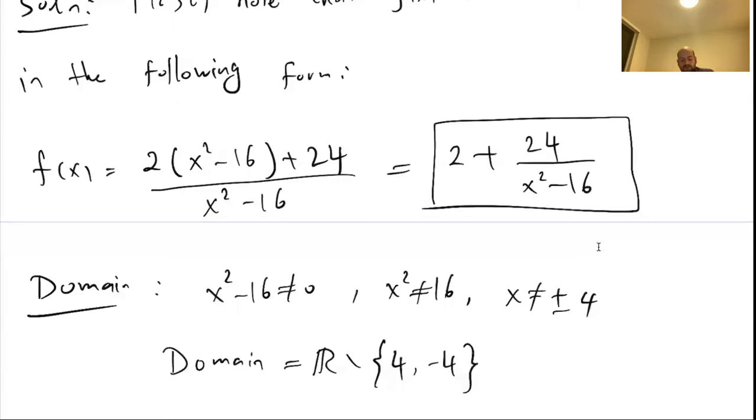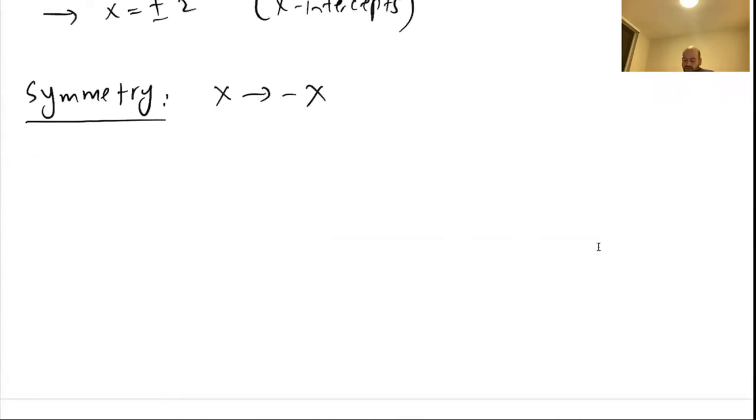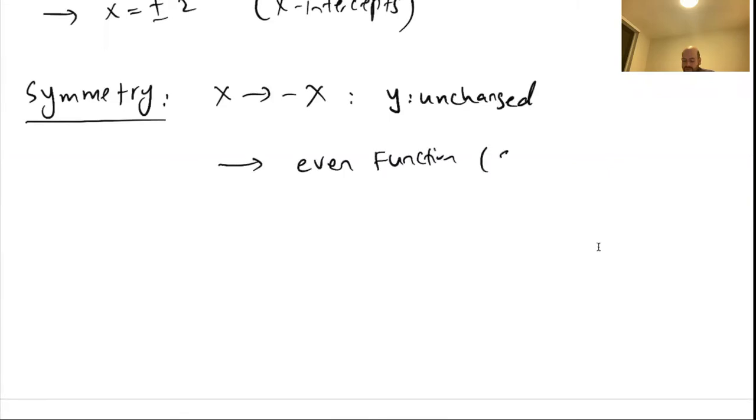So y will be unchanged. And that means we have an even function. Even function means symmetric with respect to the y-axis.